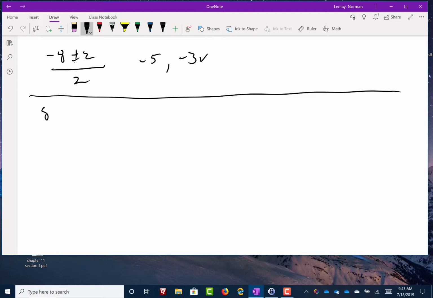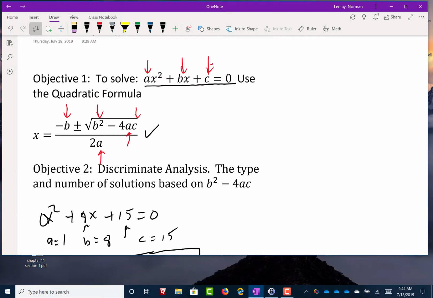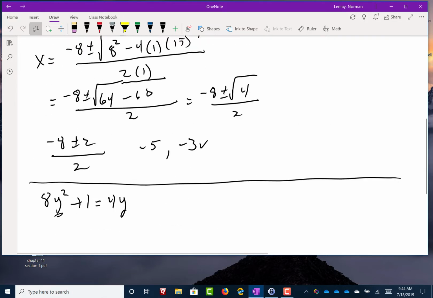Now 8y squared plus 1 equals 4y. So let's just observe, because of the y squared, this is quadratic, but notice that it is not in the form of ax squared plus bx plus c, so we have to put it in that form.